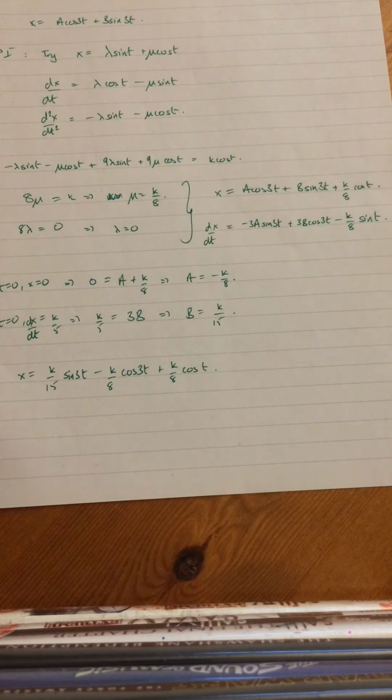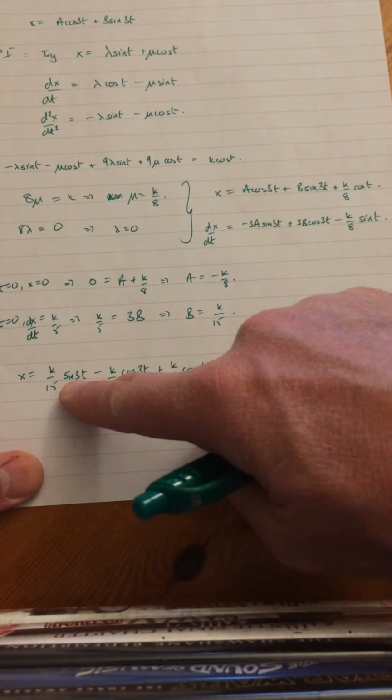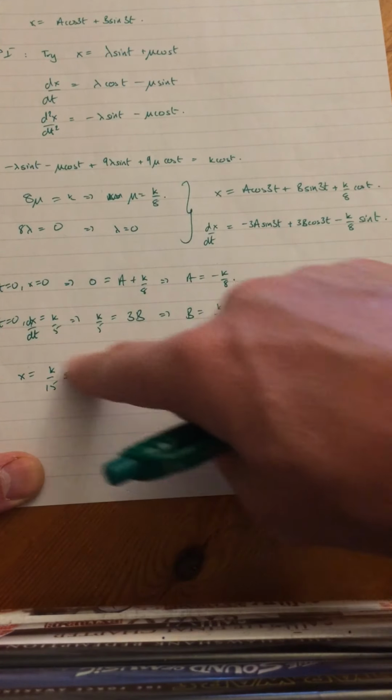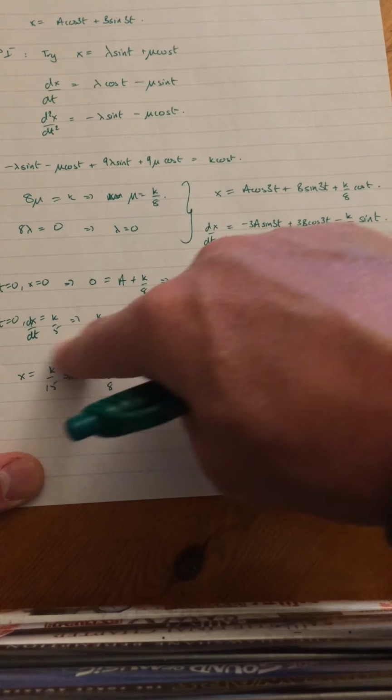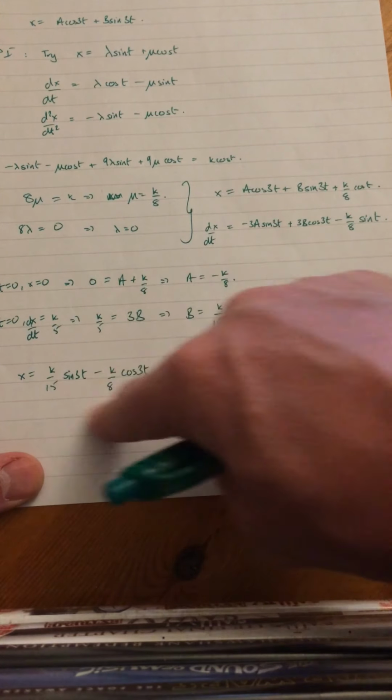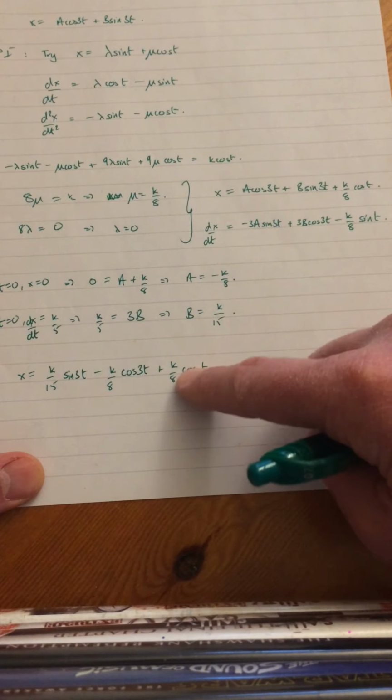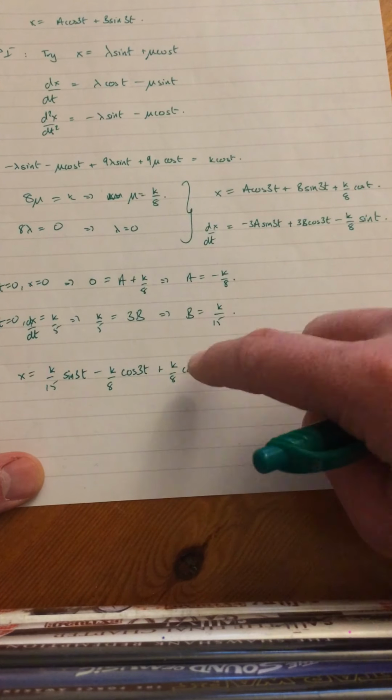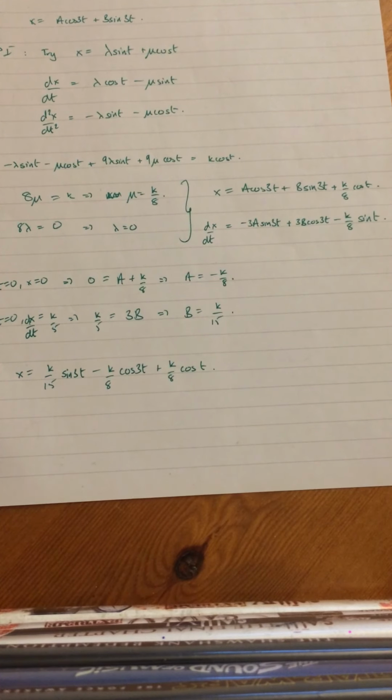But it is a really interesting situation when we've got two different arguments there. We could put this together into one sine or cos function, but this is a nuisance because it's got a different argument, so therefore it's going at a different frequency. That makes it completely different to anything we've seen before, and I'm going to talk about that in the future.